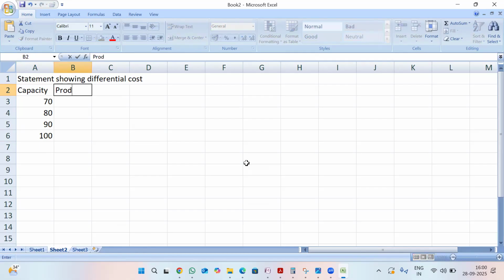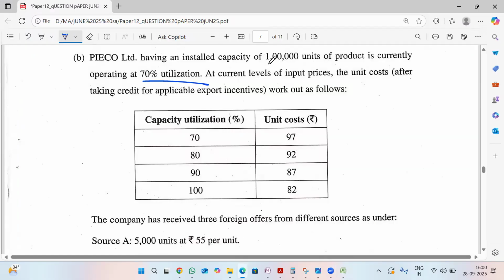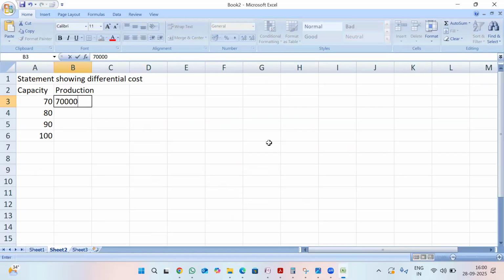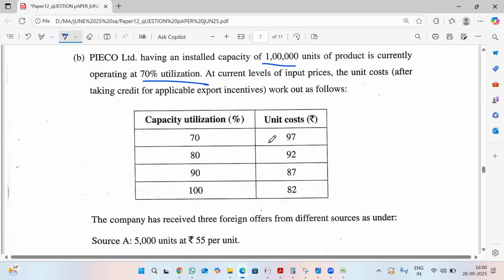So my production at 70 percentage capacity will be, 1 lakh units is total, right? So at 70 percentage, 1 lakh into 70 percentage, 70,000. Here it will be 80,000, 90,000. This is 100, that is 1 lakh.